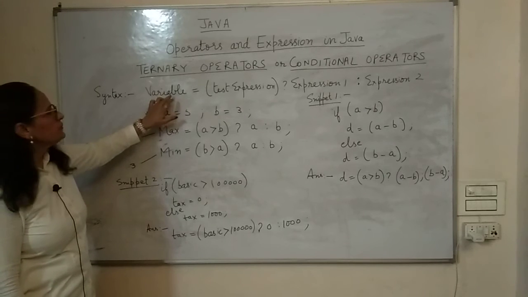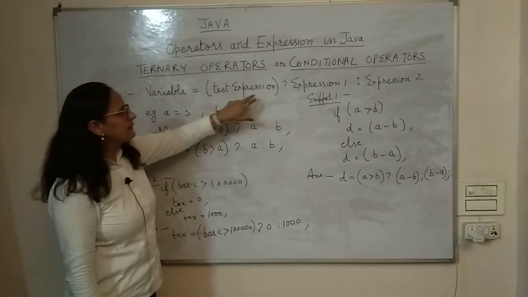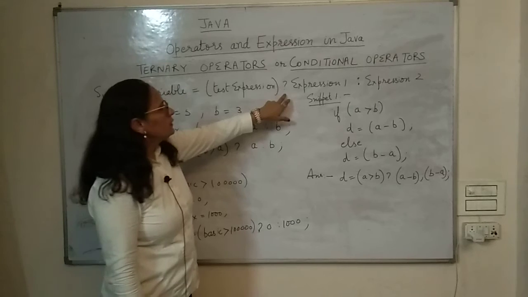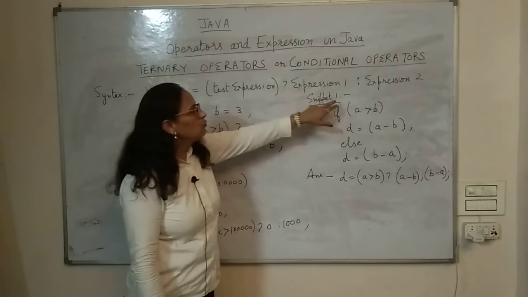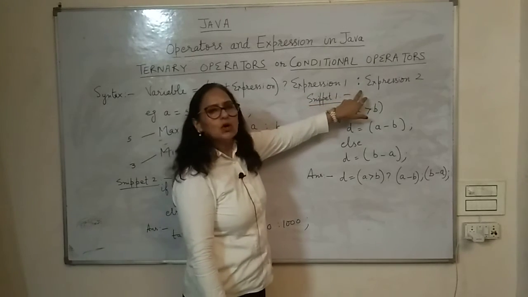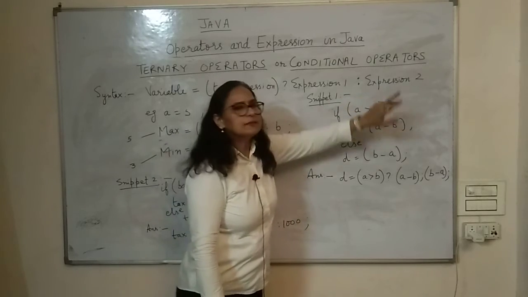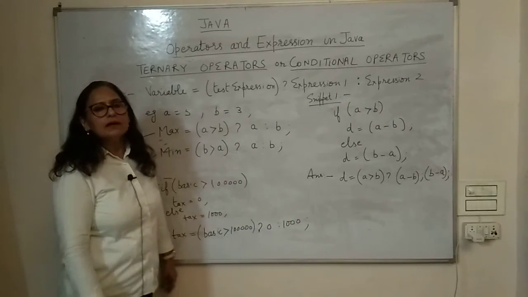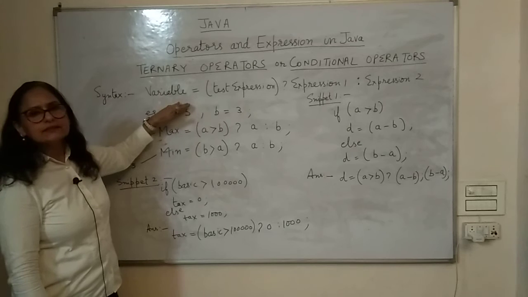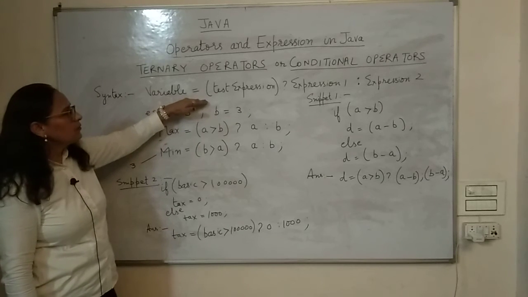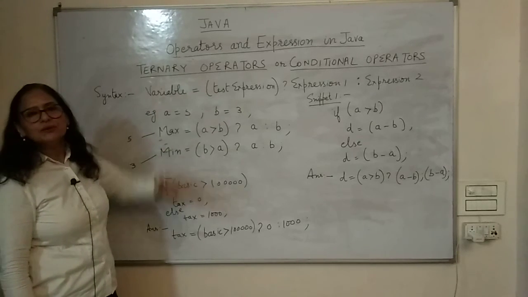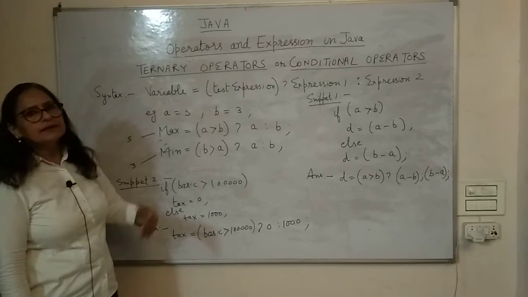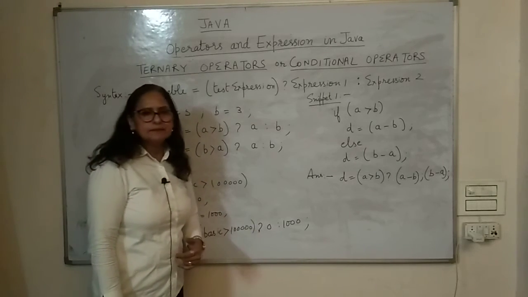Here the syntax is: variable equal to sign, test expression, question mark, expression 1, then the colon sign, and then expression 2. Now what does this syntax do, my dear friends? As I already told you, this is going to work as an if-else statement.